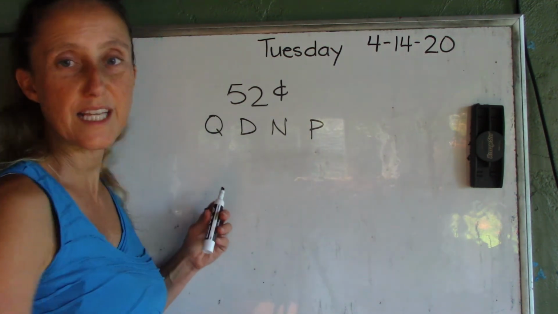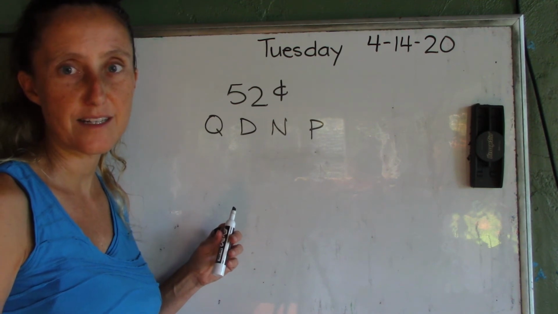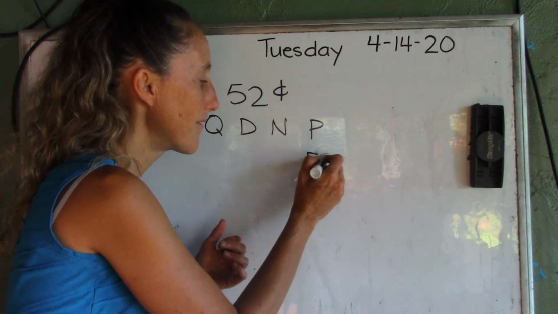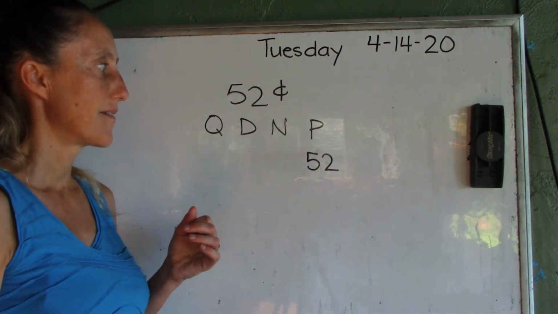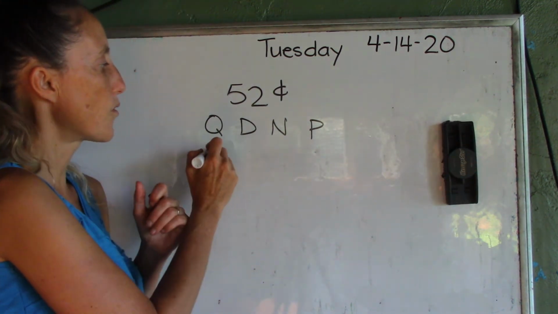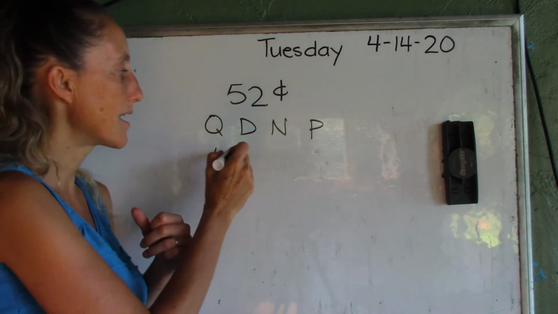What if I only have pennies? How many pennies would I need to make 52 cents? You're right, I would need 52 pennies. And there's other ways. You can do combinations. You could do 1 quarter, which is 25. And then I could do 2 dimes.